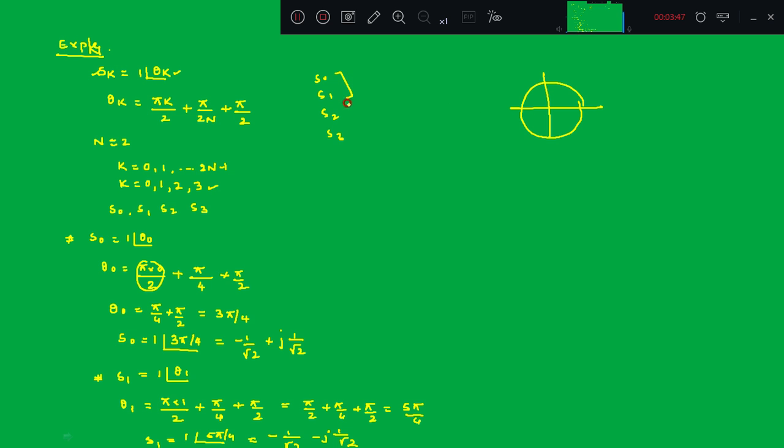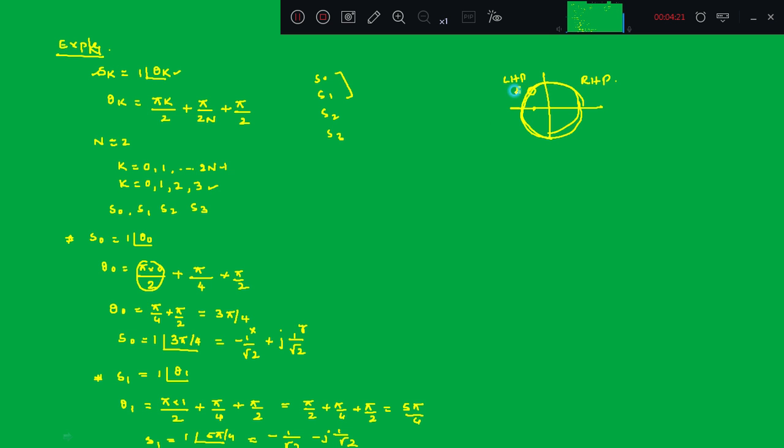This is the left half of the plane and this is the right half of the plane, RHP. You can check. This is S0. So this is X, this is Y. Minus 1 divided by root 2 means somewhere here, and plus 1 by root 2 means here.